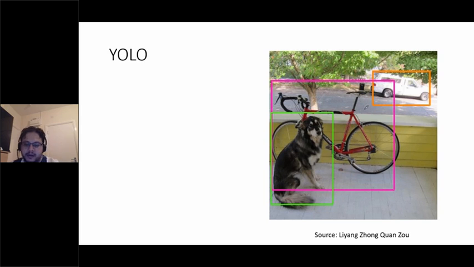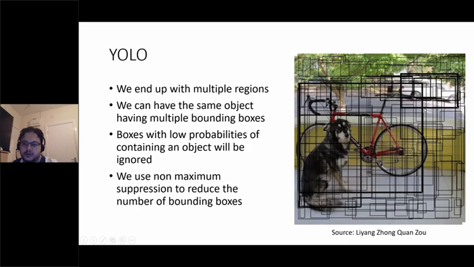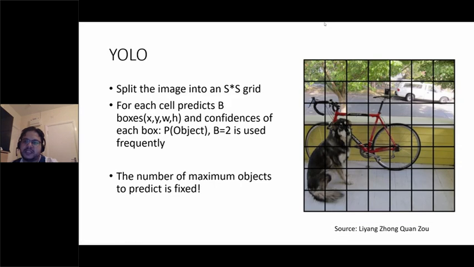It is possible that the model will say we have this car belonging to this square with this bounding box, and it will tell us we have another bounding box belonging to this square, and it looks like this, because the middle is here. They are more or less both correct.